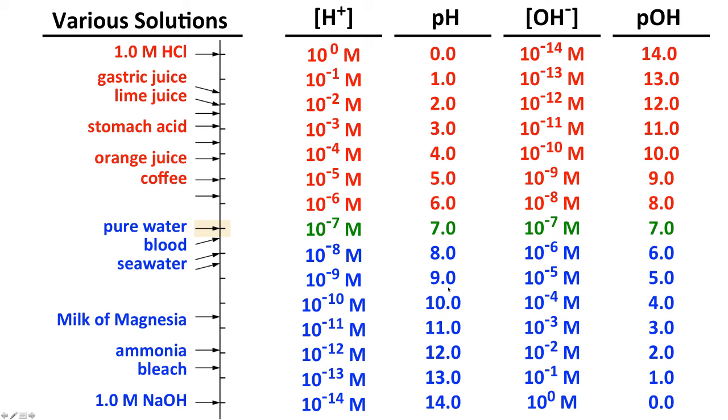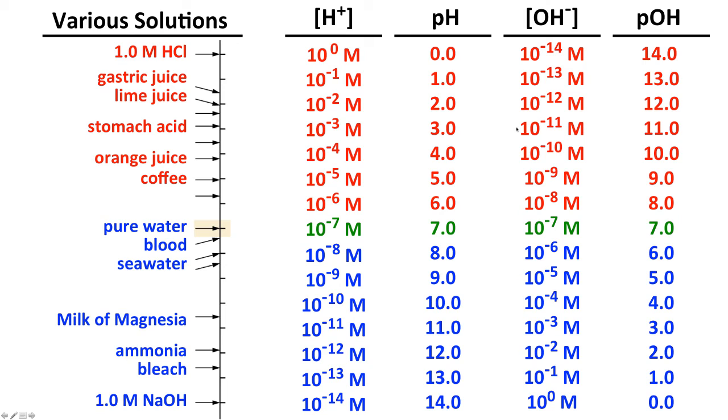pH is the negative log of the H+ concentration. So if the concentration is 10 to the minus 6 molar, pH is the negative log of 10 to the minus 6, which is 6. And like with pH, we can also define something called pOH, which is the power of hydroxide, if you will, and that is the negative log of the hydroxide ion concentration.